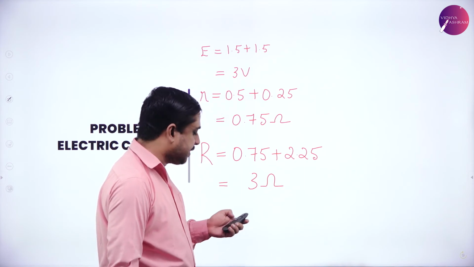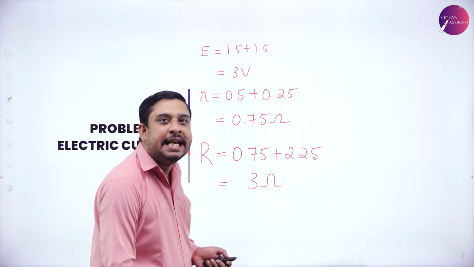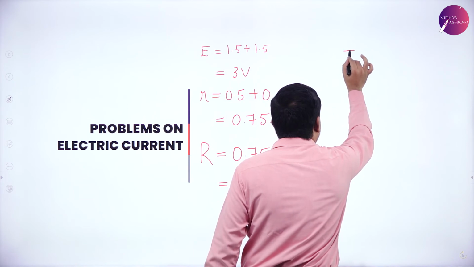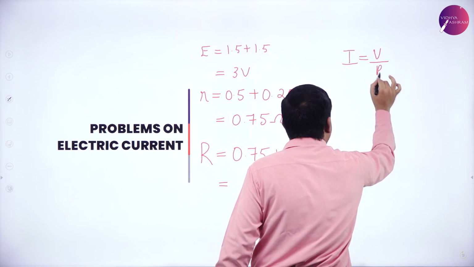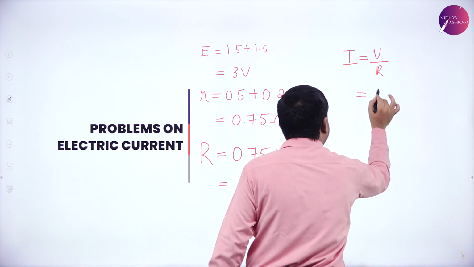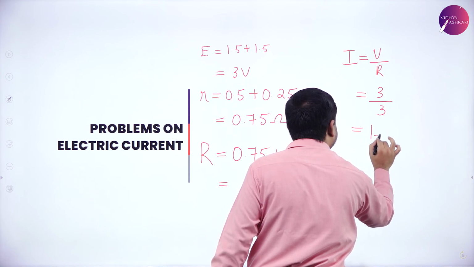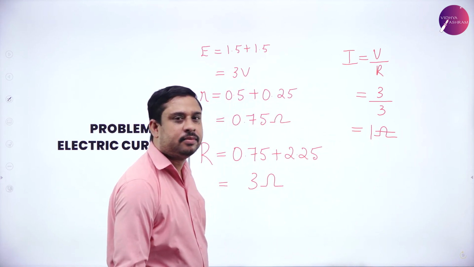So first I have to calculate the current in this circuit. Again, I equals V by R. V is the total EMF, divided by total resistance. Current is 1 ampere.